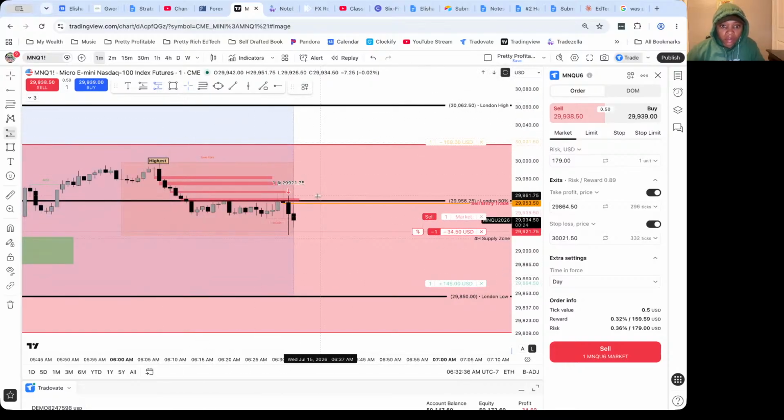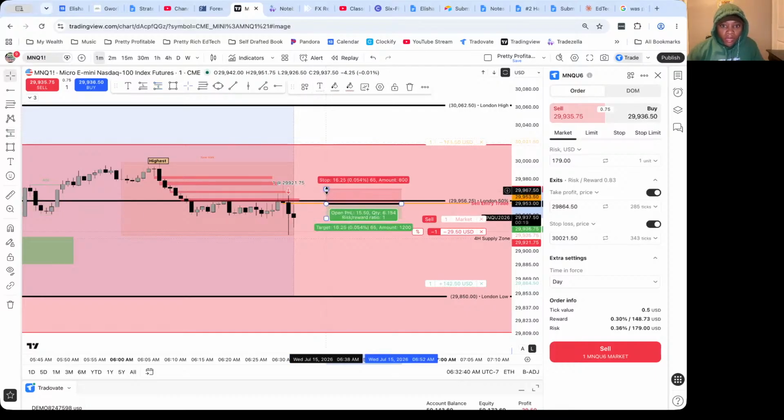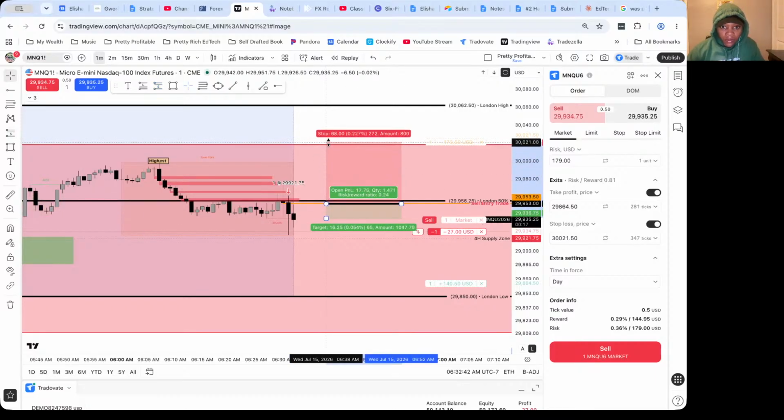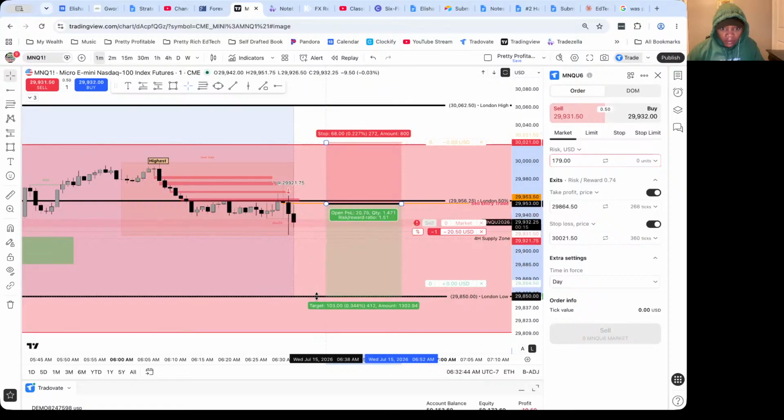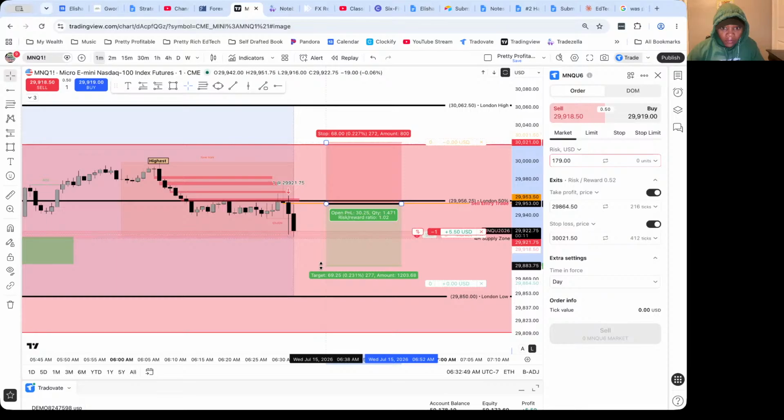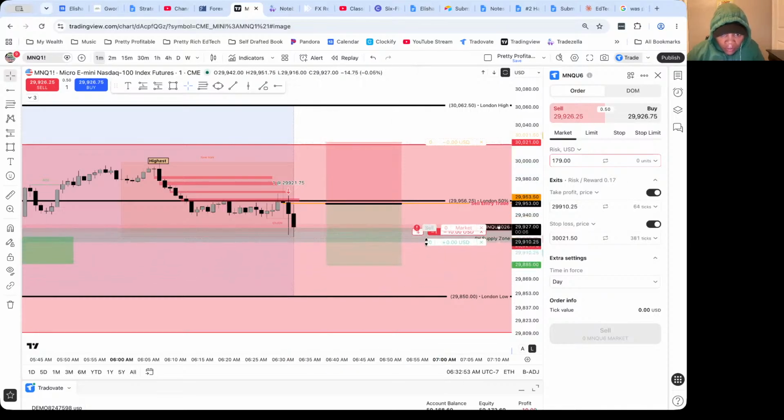Where's my short tool? I entered here. My stop loss is here. But profit. Yeah, I have to get better at this.